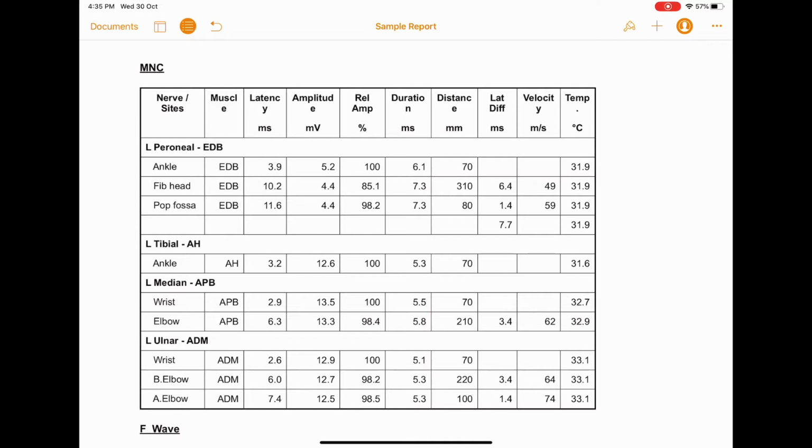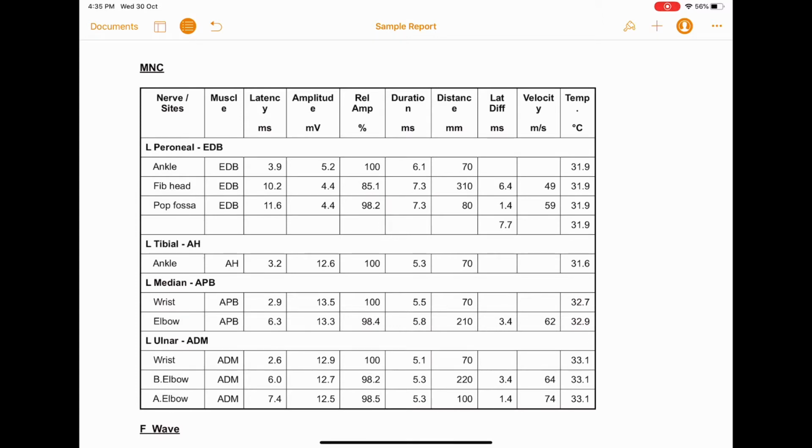Now notice the difference from SNAPs. We said onset latency, but here we are using the term distal latency instead of onset latency, because in SNAPs what we measure is peak latency and compare peak latency from one nerve to another. We can talk more about why we do that in the interactive session.